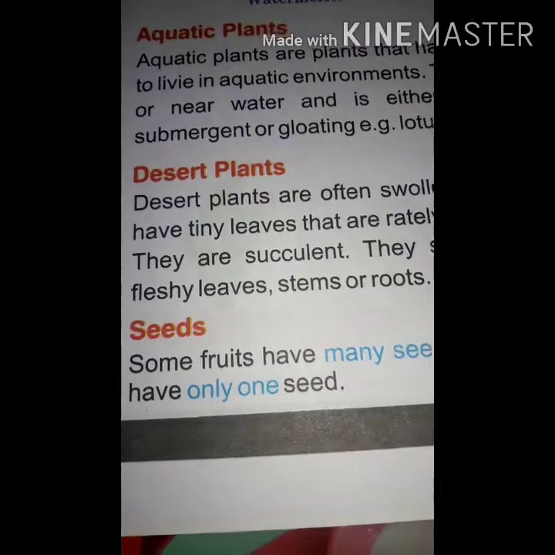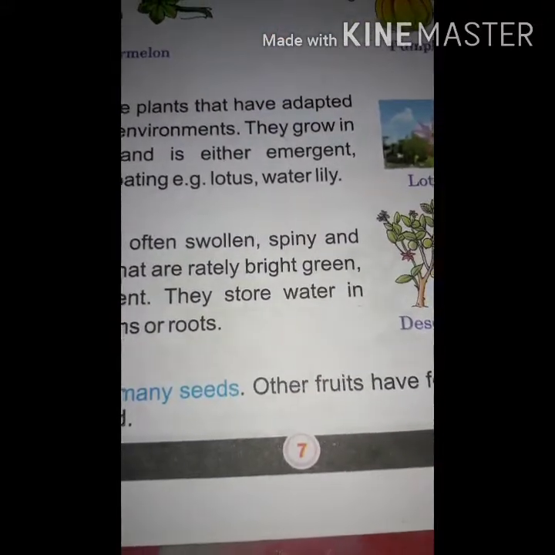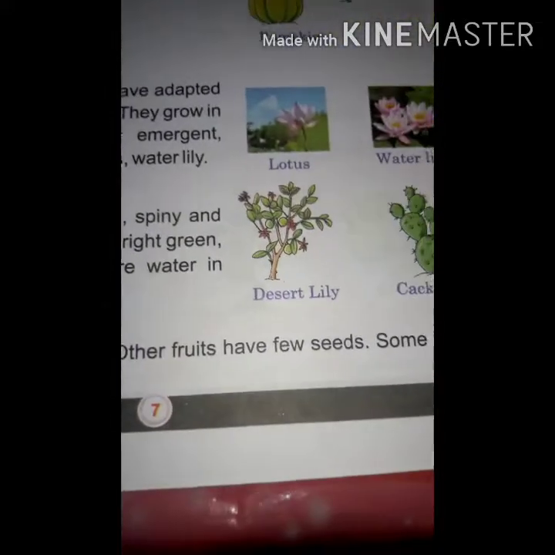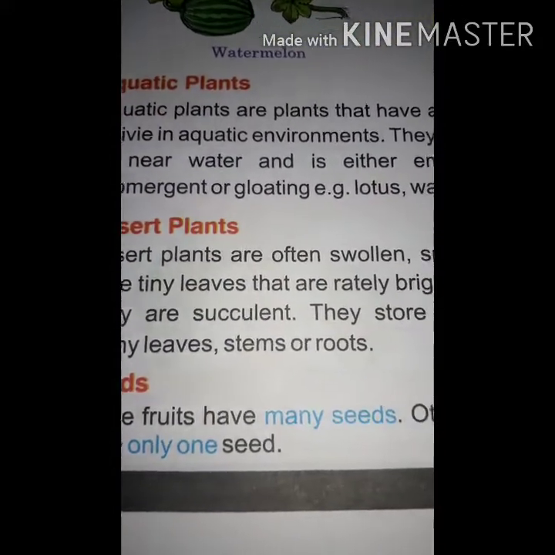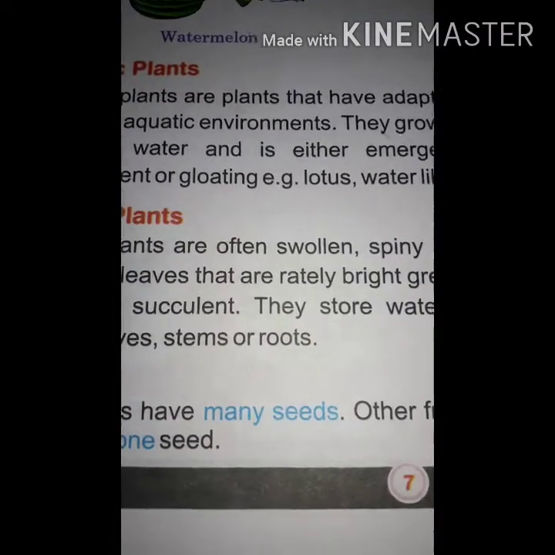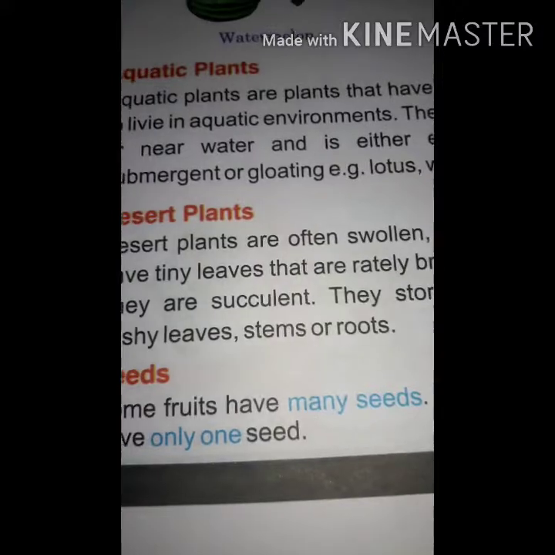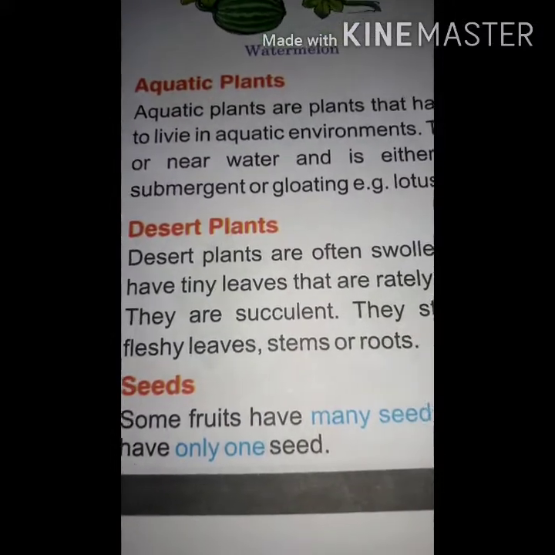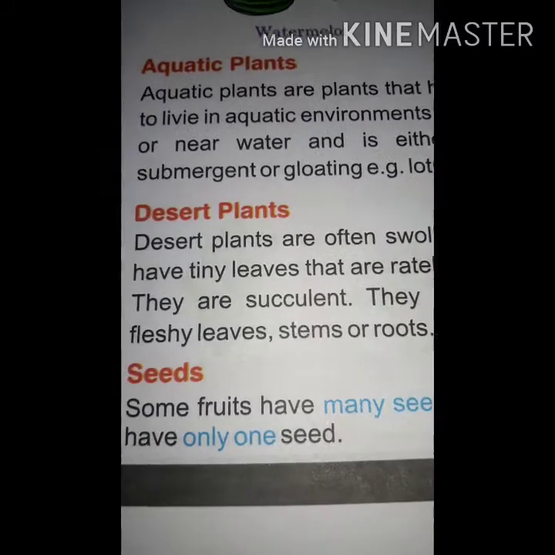Desert plants. Desert plants are often swollen, spiny, and have tiny leaves. These desert plants have tiny leaves.